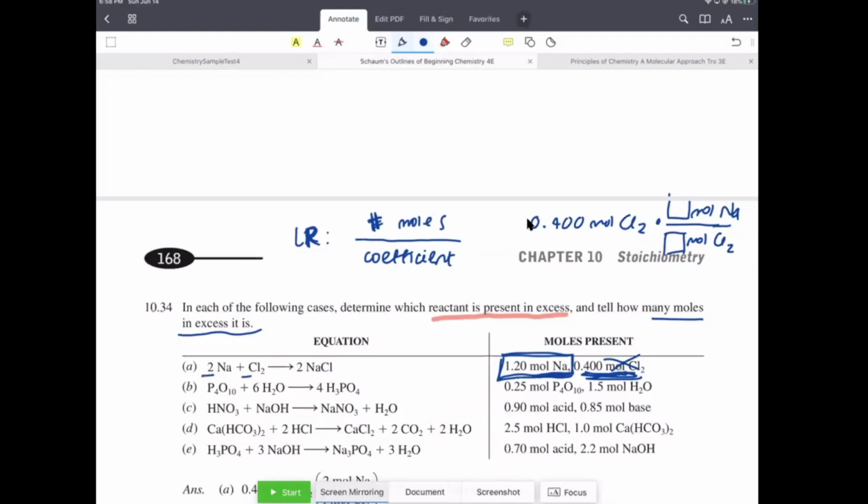Yeah, the coefficients. So 2 goes on the top, 1 goes on the bottom. We get 0.800 moles of Na.